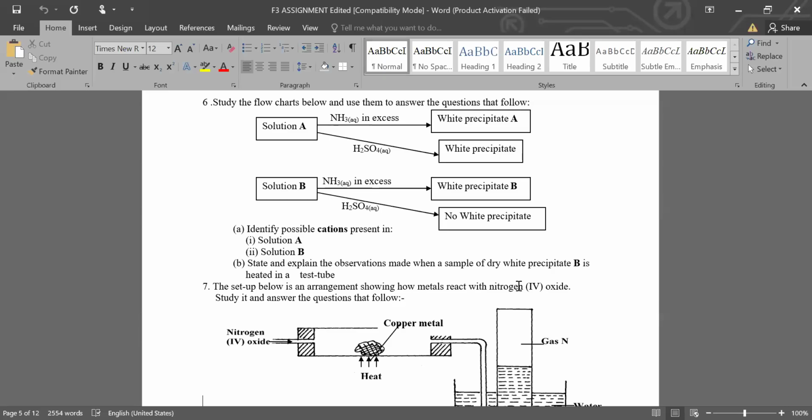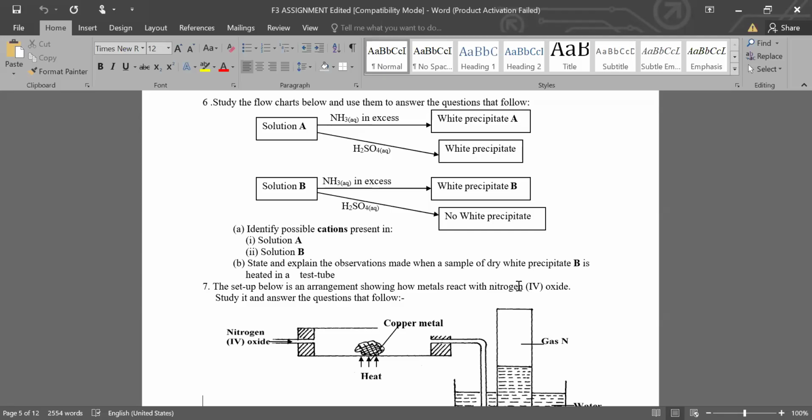Therefore, solution B may be containing magnesium ions, and can also contain aluminium ions.